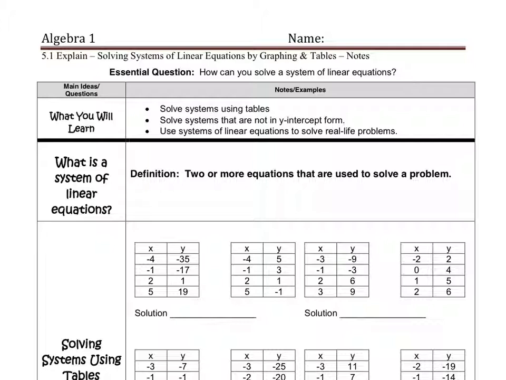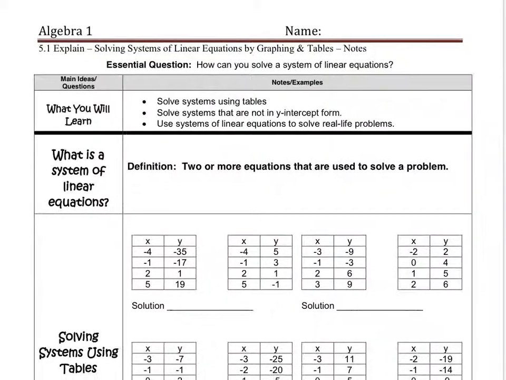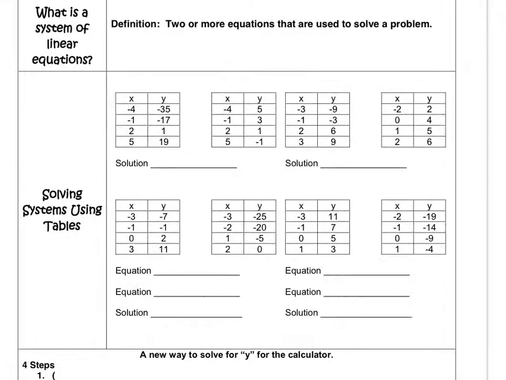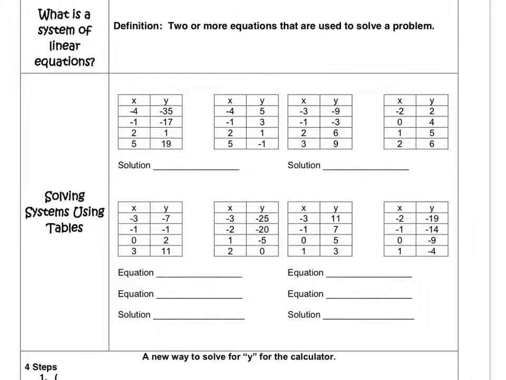We already know that a system of equations is two or more equations that we have to solve. So we have to find one point, one ordered pair that makes both of the equations true. When we understand that, we can look at a table and say, what we're looking for is one point that's the exact same on both tables.